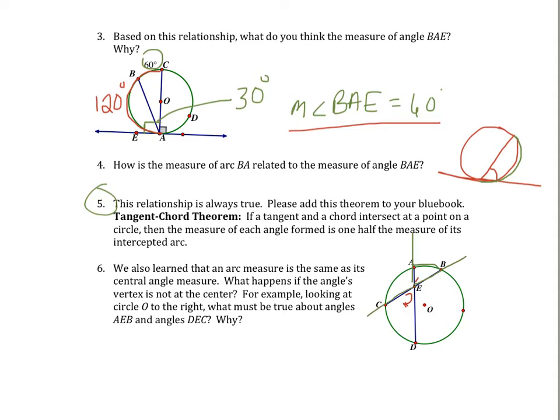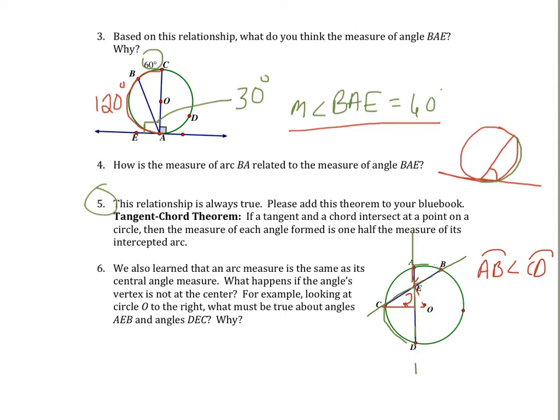And then angle 2 is intercepting arc CD. Just looking at those arcs, if I would draw the central angles to those arcs, it's very obvious that the central angle to arc CD is much bigger than the central angle to arc AB. So therefore, arc AB has to be less than arc CD.